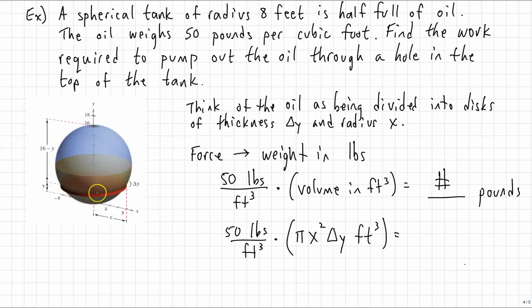So we've got this disk. One disk of oil is going to have a certain amount of volume, and that volume is pi radius squared times how thick it is. So it's a disk, or a cylinder. So the volume of a cylinder here: the area of the base, which is pi radius squared, but the radius is just x, times its height, which is delta y. Now if you multiply those together, we get 50 pi x squared delta y pounds.